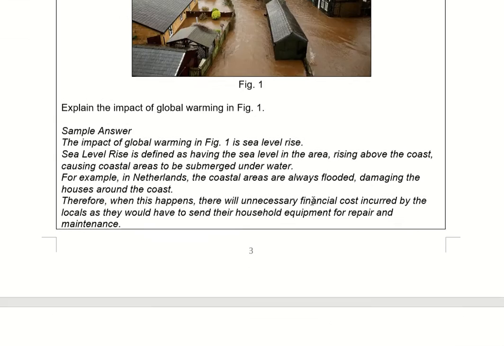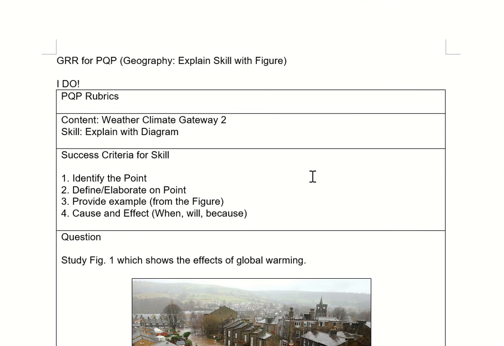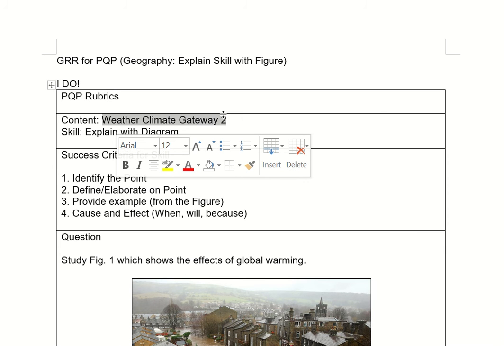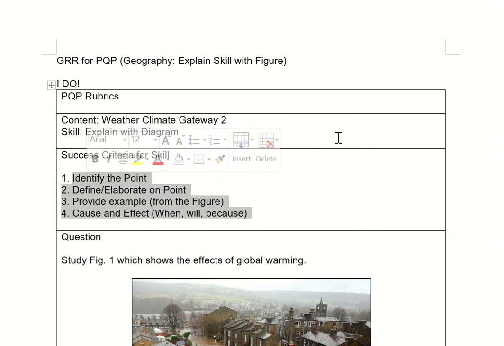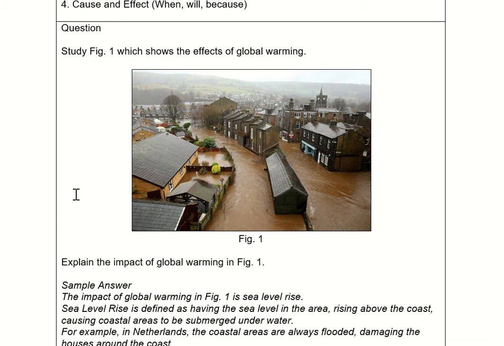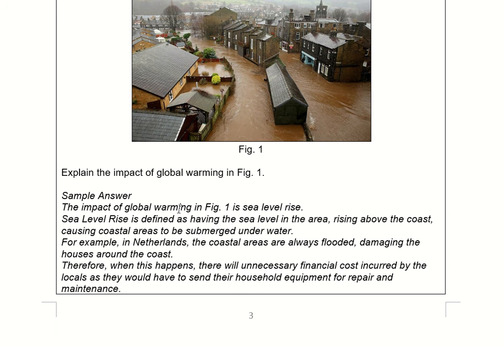So for today, what I need you guys to do is a GRR PQP for history. You need to decide what your content is. I do not know what your history content is for inference or message or purpose. You need to describe the skill. You need to ensure that there is a correct success criteria. The question can be the same throughout all three GRR, but the sample answer must be different.